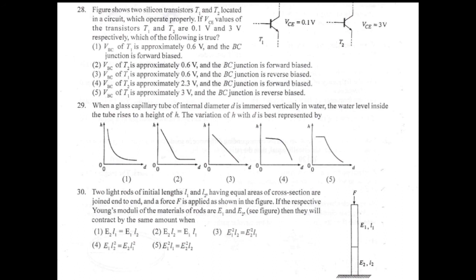Then we can get a relationship E is proportional to L. For the first rod, we can write E1 is proportional to L1, and for the next rod E2 is proportional to L2, and by dividing one from the other, E1 divided by E2 equal L1 divided by L2. With that we can take L2 E1 equal L1 E2. So answer is 1.